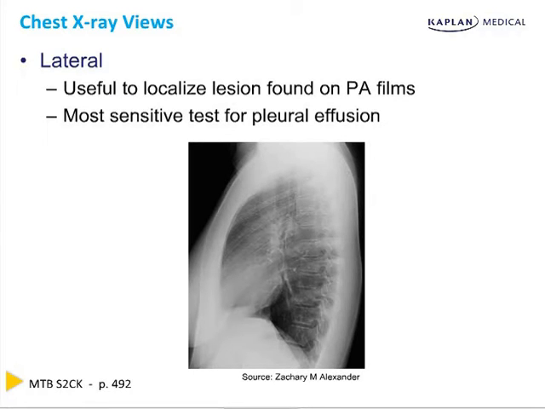Furthermore, since the thoracic cavity dives most inferior in its posterior aspect, as can be appreciated here, lateral films are much more sensitive for diagnosing pleural effusions, and can detect less than 100 milliliters of fluid in the pleural cavity, whereas standard PA films have difficulty detecting anything less than 200 to 300 milliliters.